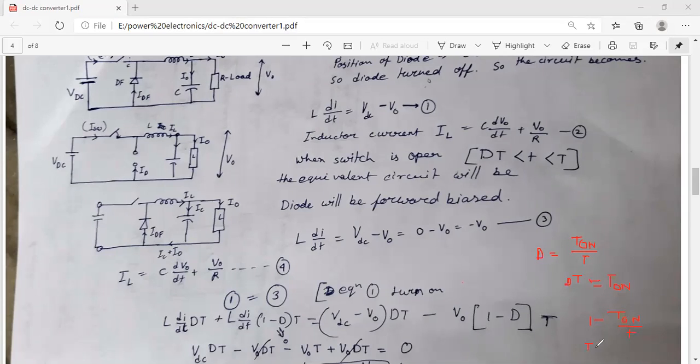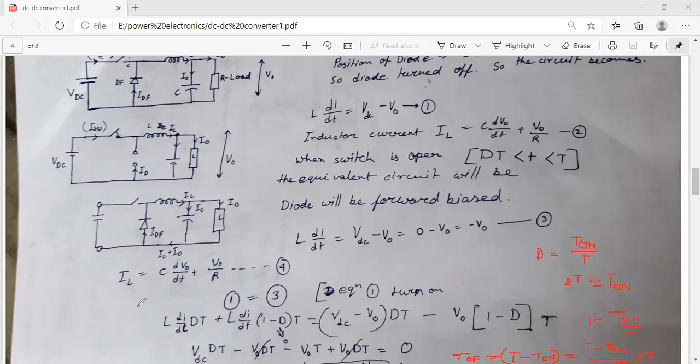So t minus t on by t into t will be t minus t on. If t minus t on is equal to 1 minus d into t, then t minus t on is equal to t off.